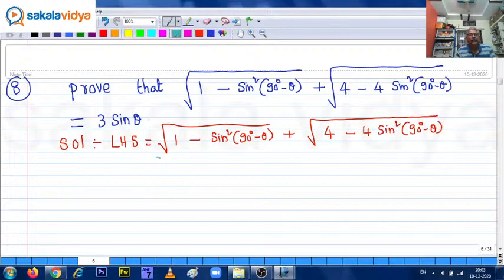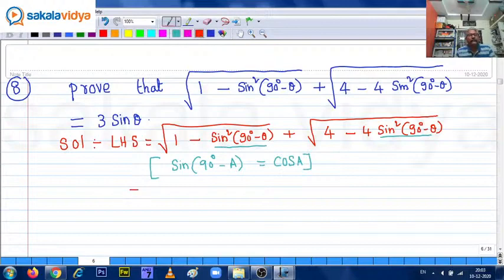So we have the formula sine of 90 degrees minus A equals cos A. Am I correct? Instead of sine 90 minus theta, we can replace it with cos.